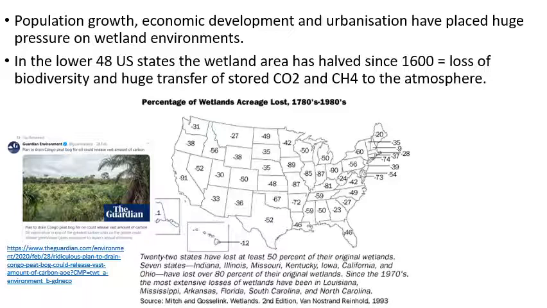There's just a little article down there on the left that looks at planning to drain the Congo peat bog for oil, and how people are up in arms about this as an idea because of the amount of carbon that would be released into the atmosphere as they drain that massive peat bog in order to get at the oil.